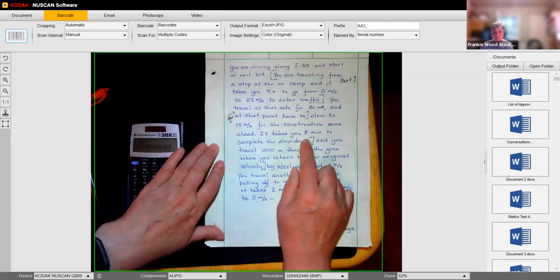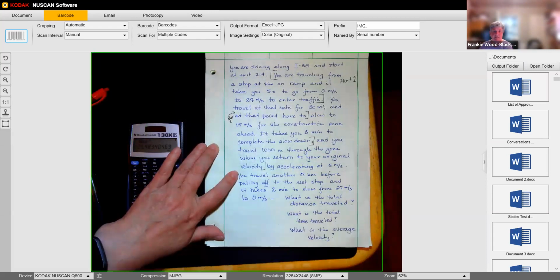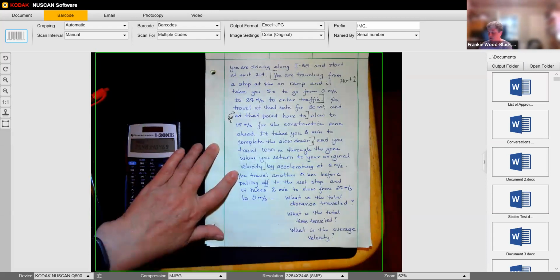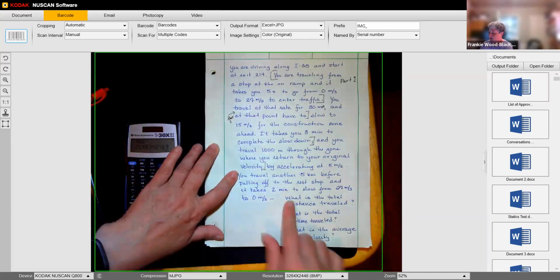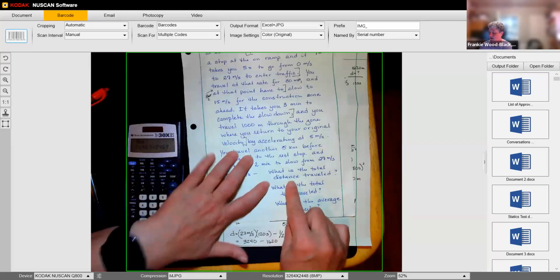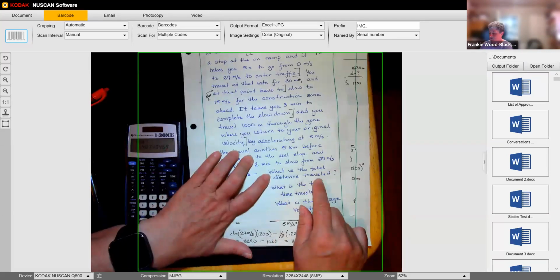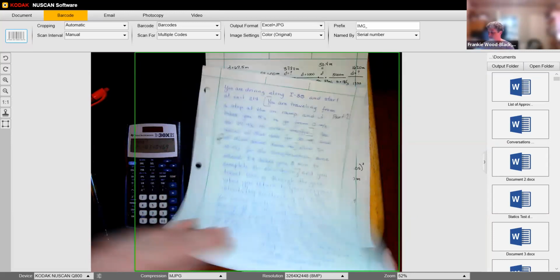We ended up in meters per second. We didn't always have that. We also had to sometimes get our acceleration in order to get our pieces. And we made sure that we got all the different pieces before we actually calculated our final total distance traveled, our final total time traveled, and then our average velocity.